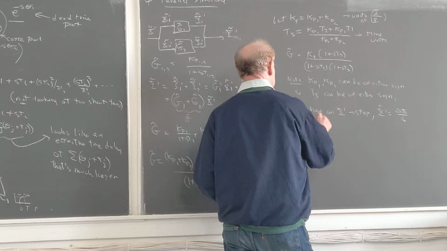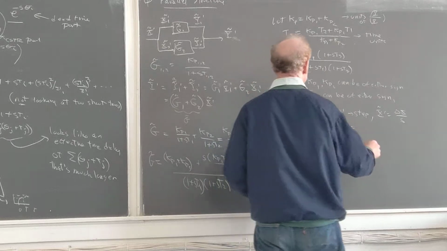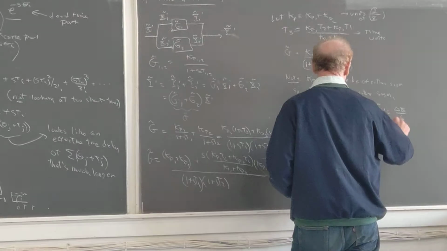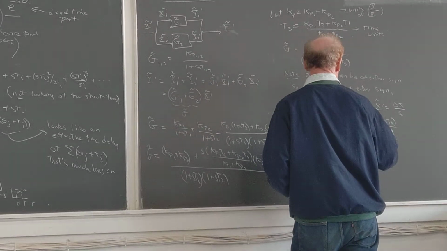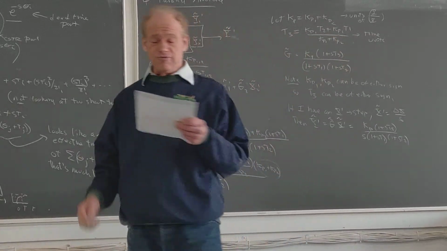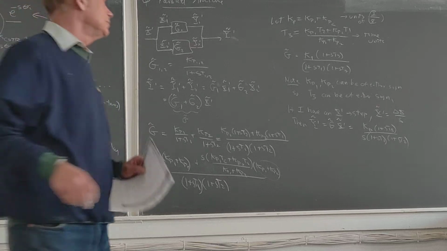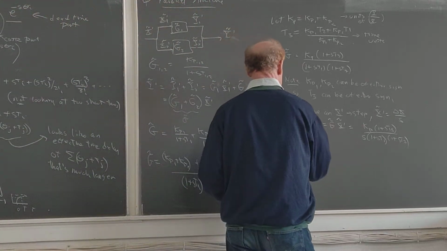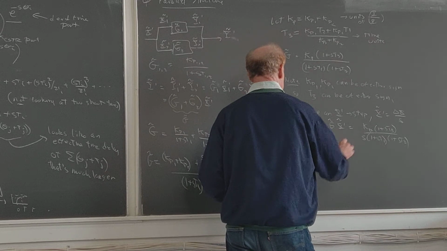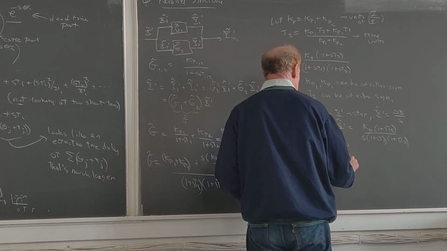Then y prime tilde is g tilde times x prime tilde, equal to Kp (1 plus s t3) over s (1 plus s t1)(1 plus s t2). And the inverse of that is exactly line 10. So the inverse, line 10, is y prime of t equal to Kp, that comes along for the ride.